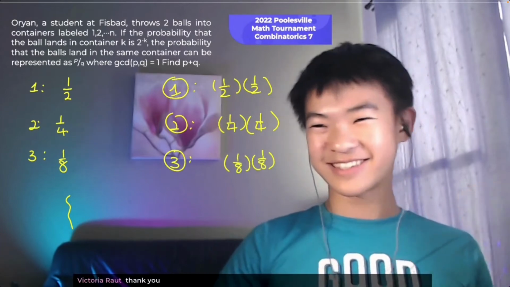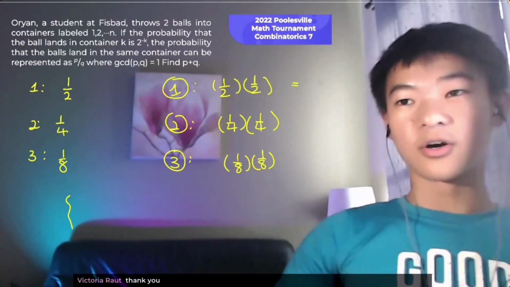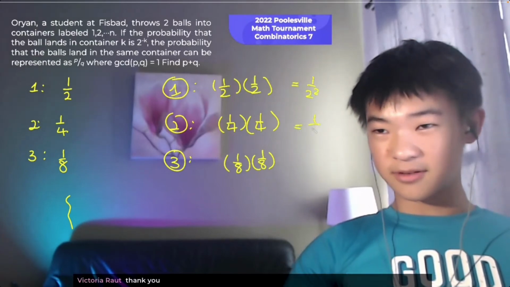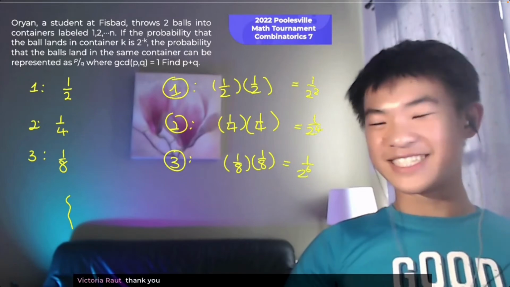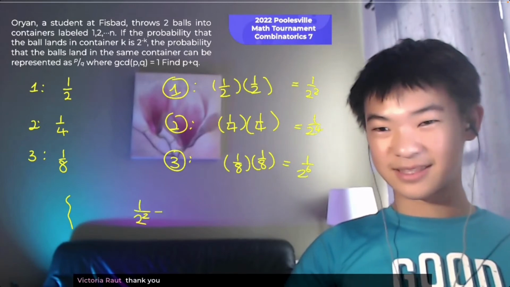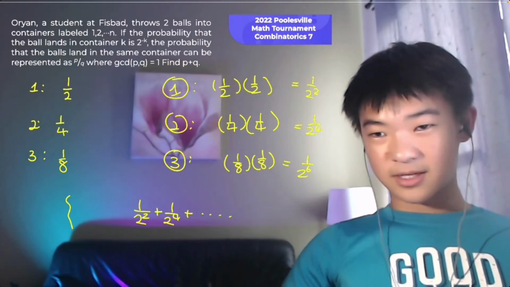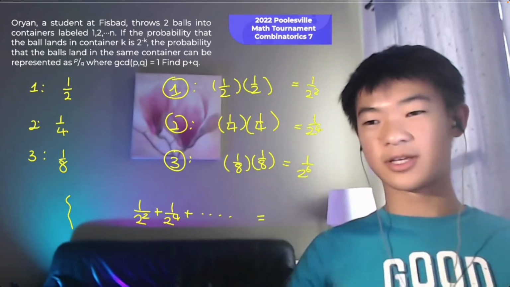And now you can see the pattern. This is 1 over 2 squared, this is 1 over 2 to the 4th, this is 1 over 2 to the 6th, and we have a geometric sequence again. So we could do this by using the formula, or you could set it as x and then do some manipulations.